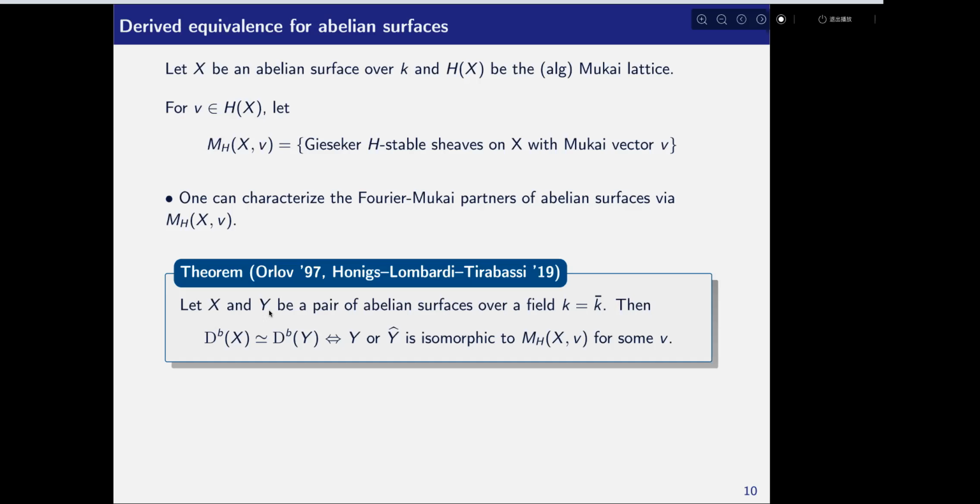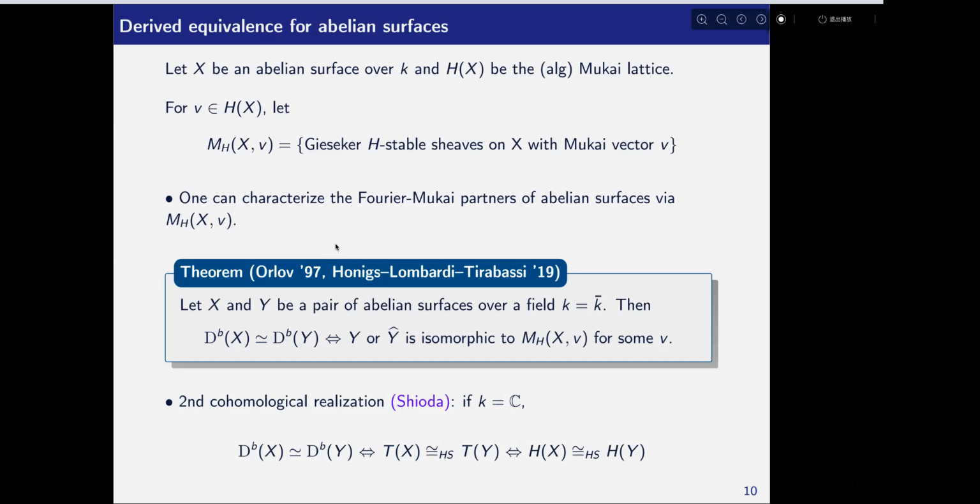If two abelian surfaces are derived equivalent over an arbitrary field, this is equivalent to saying that Y or its dual is isomorphic to some moduli space of sheaves, for some v, where v satisfies the condition v squared is 0. So this is a simple characterization using the moduli space of stable sheaves.